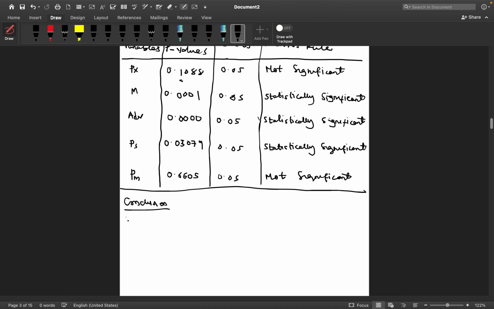So at 95% confidence level, all the independent variables are statistically significant.